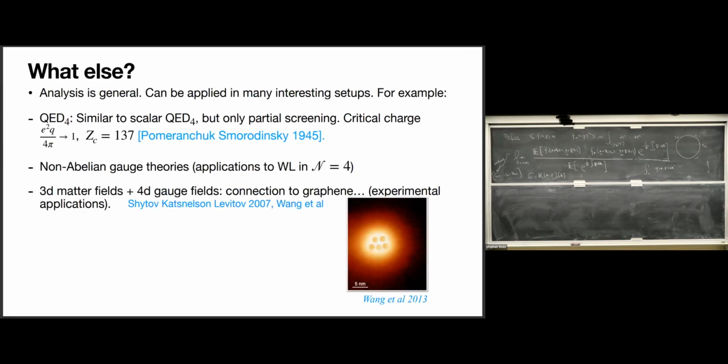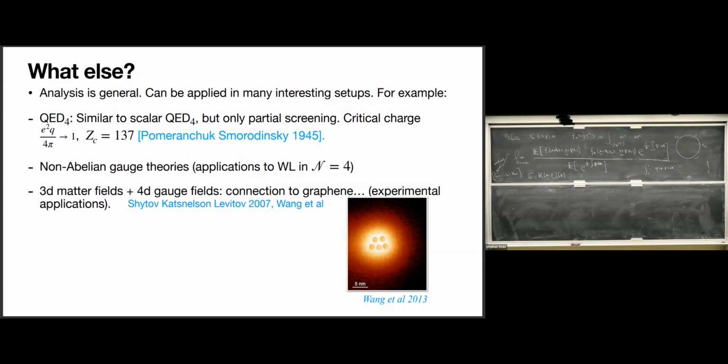Now, it turns out that the analysis is quite general. You can apply it to any case in which you have charged matter fields and some gauge group. So for example, the natural question is, what about ordinary QED like we have in nature? You can do the analysis there, and what we find is that it's kind of similar to the scalar QED that I discussed.